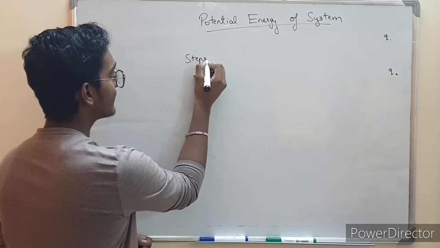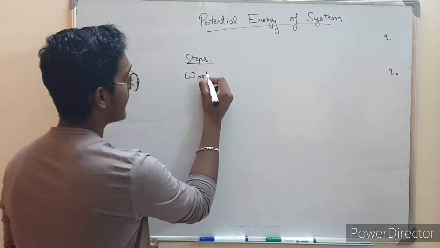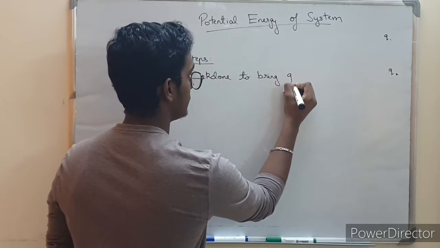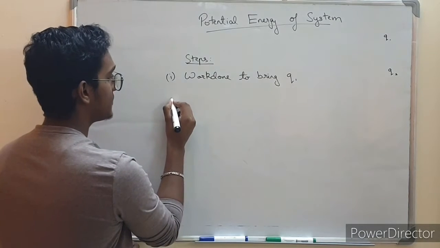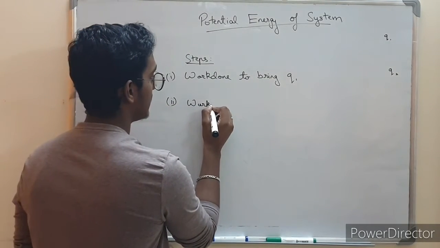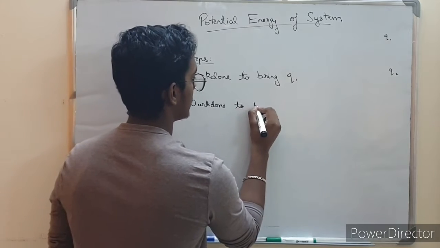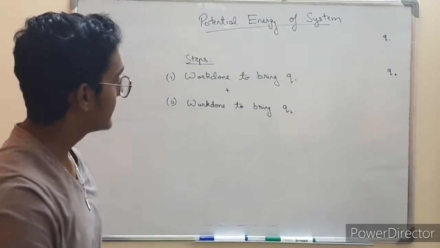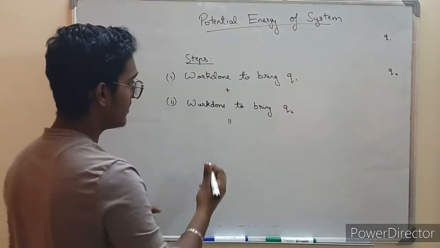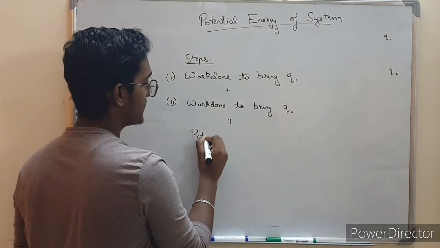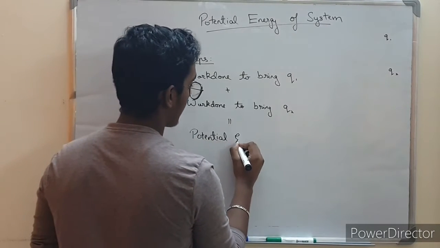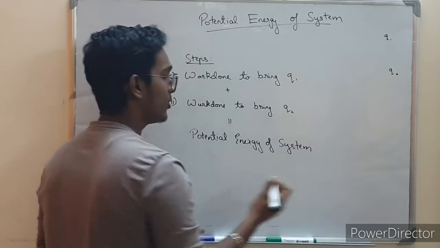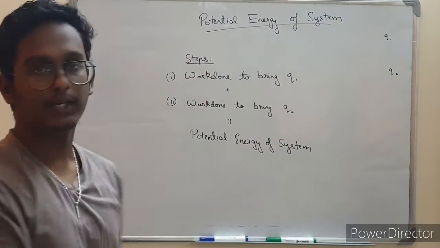The steps are going to be: step 1, work done to bring Q1, and step 2, work done to bring Q2. When you add these both results, this is what results in total work done, also known as potential energy of the system. This total amount of work done stored in the system is the potential energy of the system.